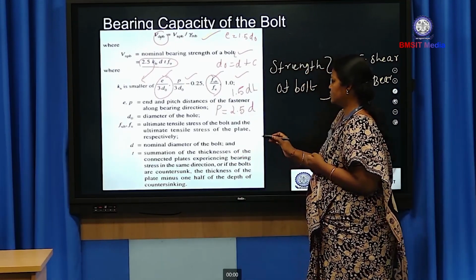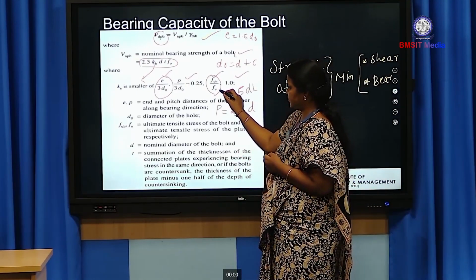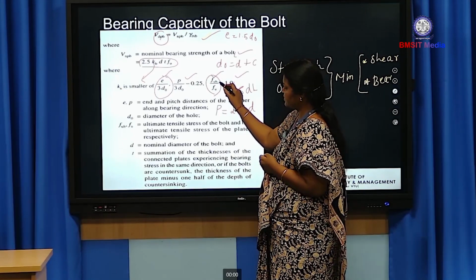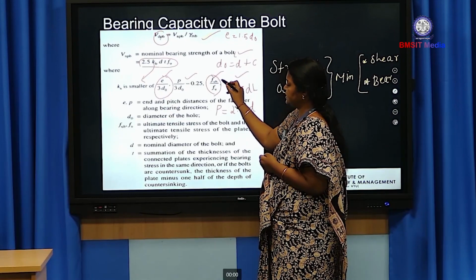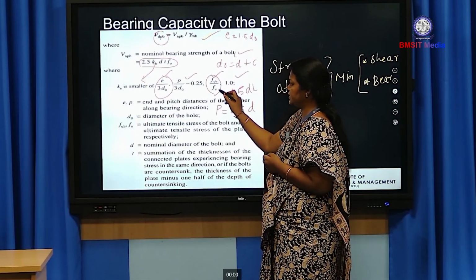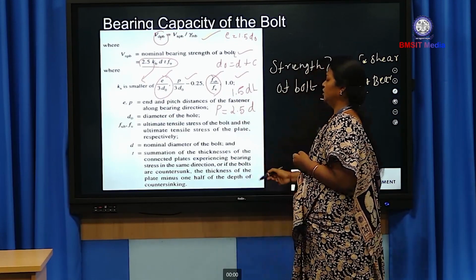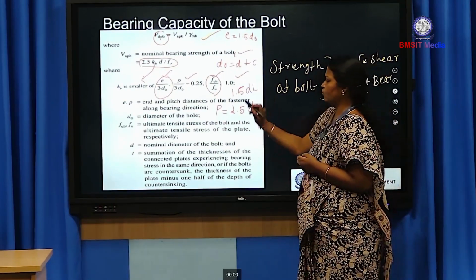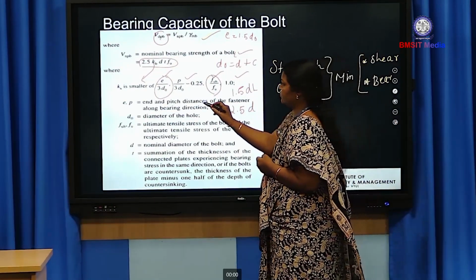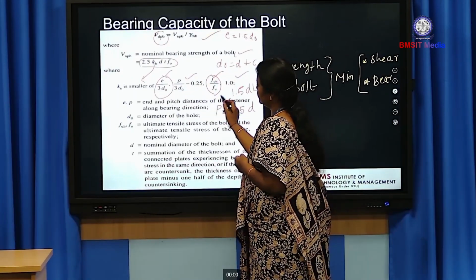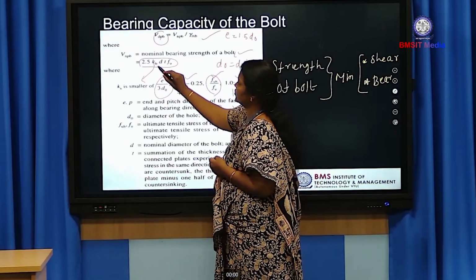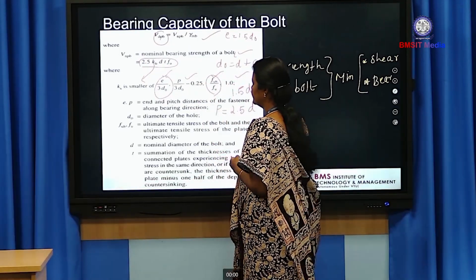Here there is no b in the suffix; b in the suffix means it is with respect to the bolt only. So, it is the ultimate tensile strength of the bolt divided by the ultimate tensile strength of the plate. Next one is 1. First we have to calculate this value, second, third and fourth. After that we select the minimum, and that value we substitute here as k_b.